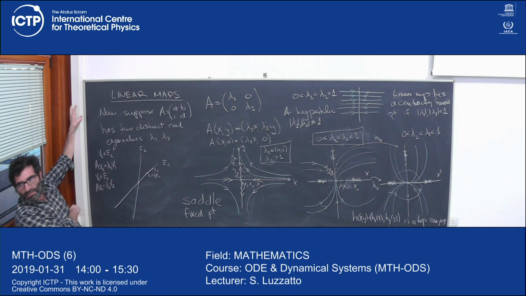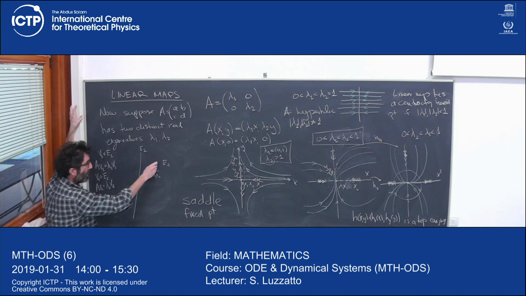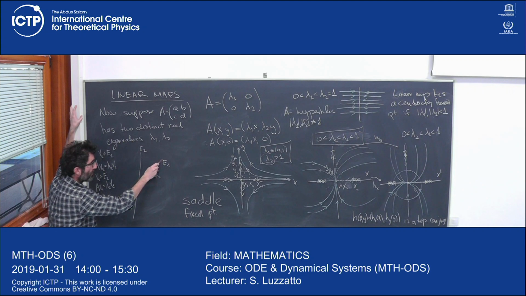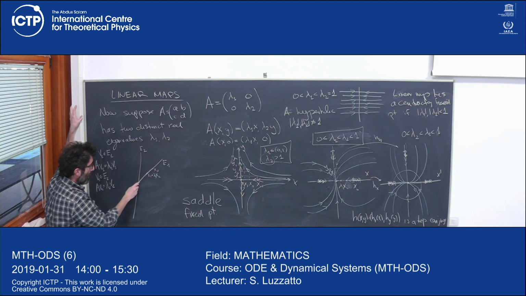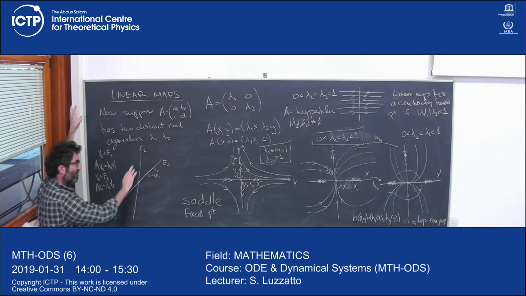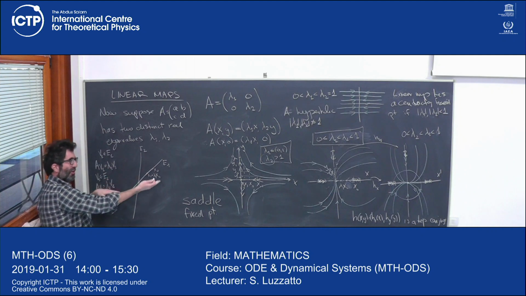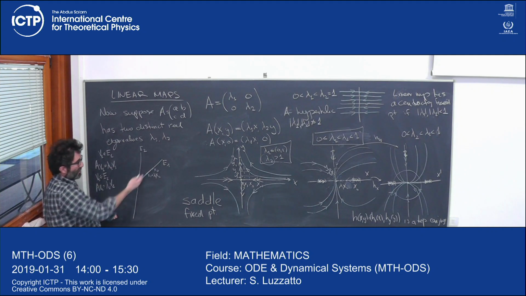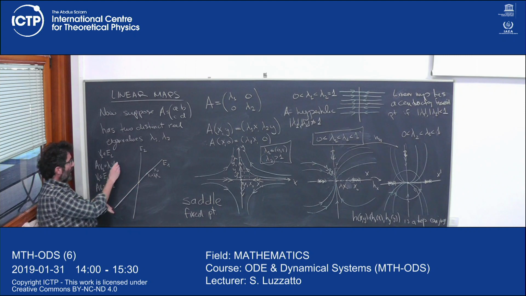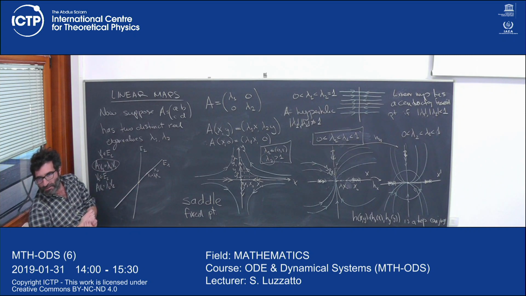So inside the subspace, we just have a one-dimensional linear map. Now forget about the fact that this is not horizontal, it doesn't really matter. This is just a subspace, and we have exactly the same analysis that we've done before. And the same for the other one.